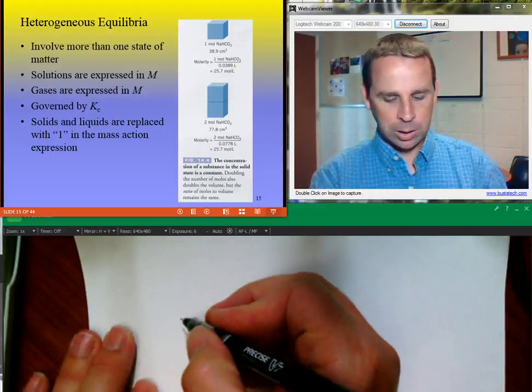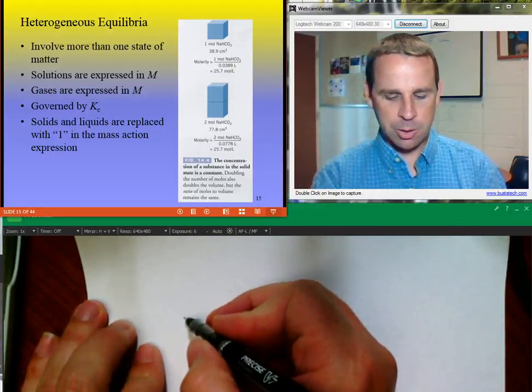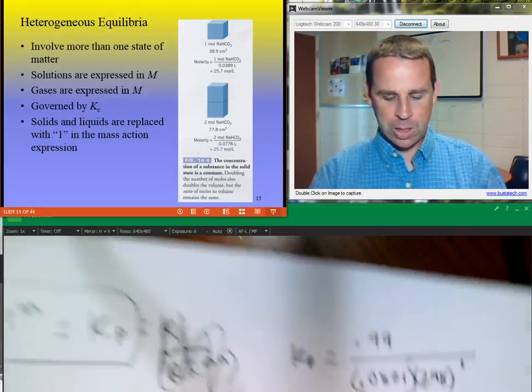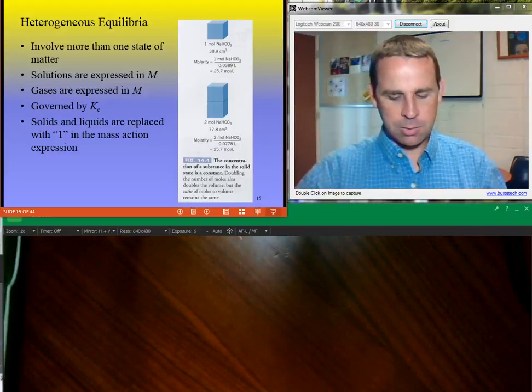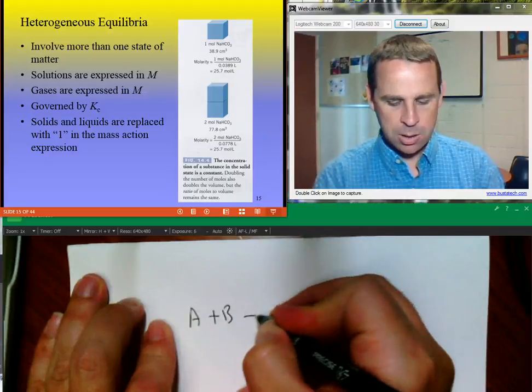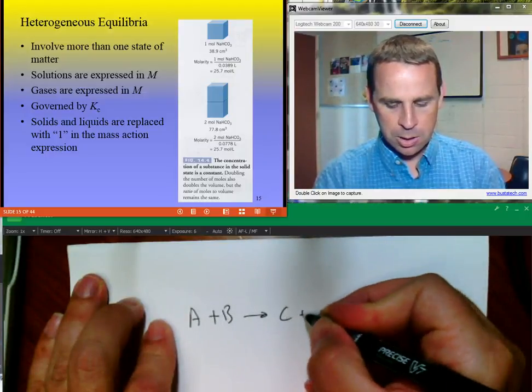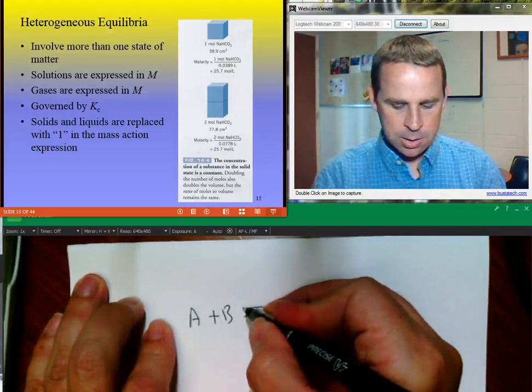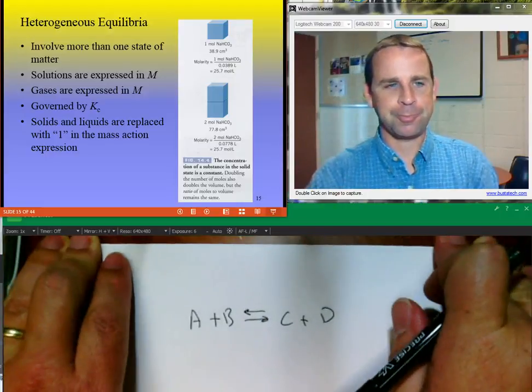So let me give you an example here. If I have a chemical reaction here where A combines with B to form C and D, and this is in some equilibrium.